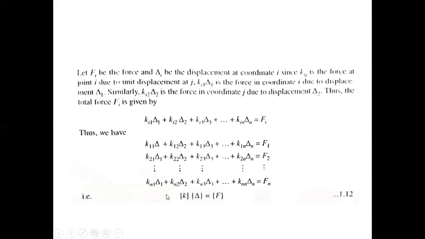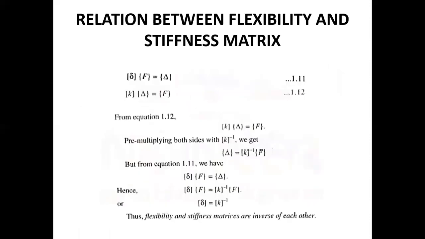Now, there is a relation between stiffness and flexibility. This is the stiffness equation. We can write it over here by multiplying k inverse to both sides. The k inverse will be cancelled by this term k. It will become delta, and the k inverse is over here.